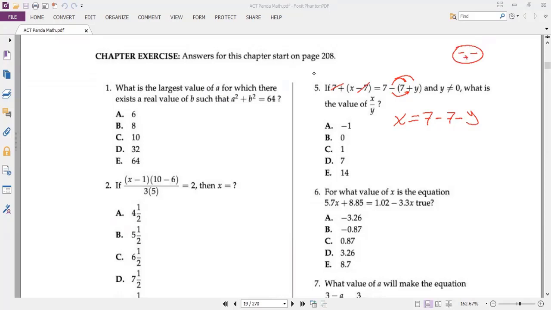If we have a different sign, negative times positive gives us negative 1. So X equals negative Y. He asked us about X over Y here, so Y will cancel with Y. The quotient here is negative 1.